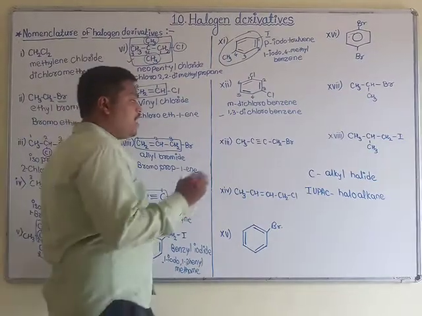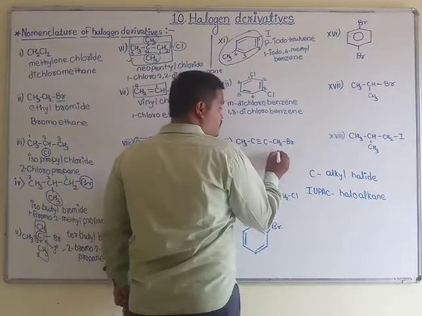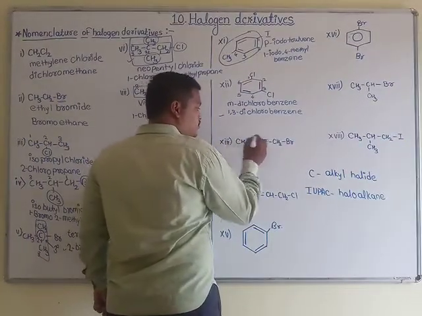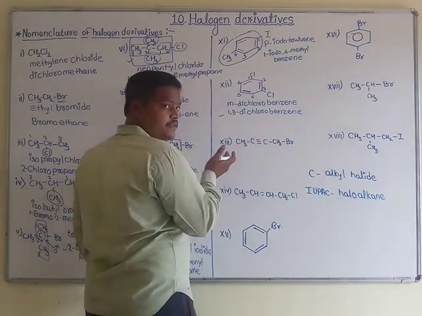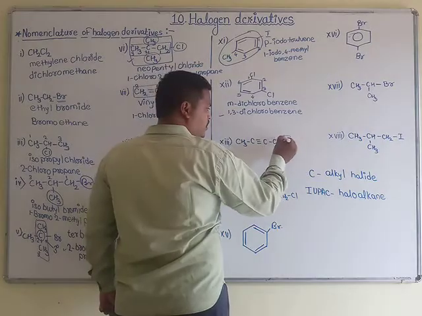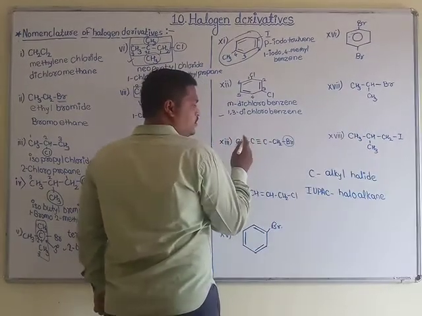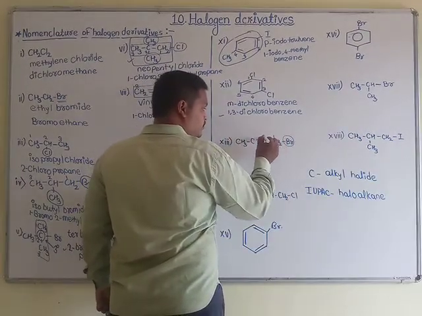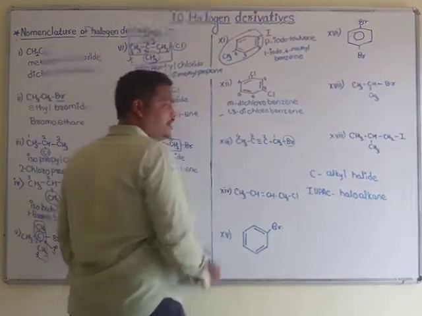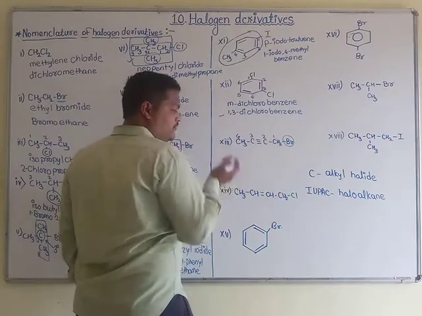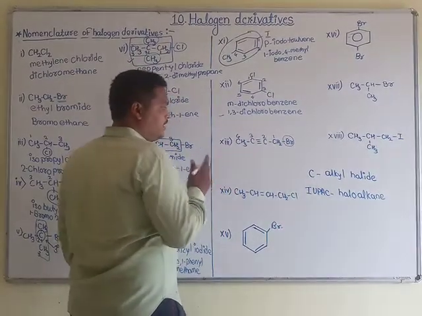To give the IUPAC name to this compound, does numbering start from left to right, or right to left? Here see, the halogen is present on the right side, and to get a lower number for the halogen-containing carbon, numbering must start from right to left.